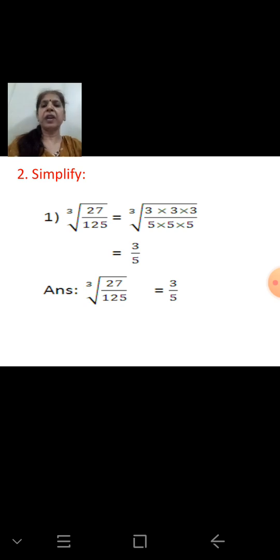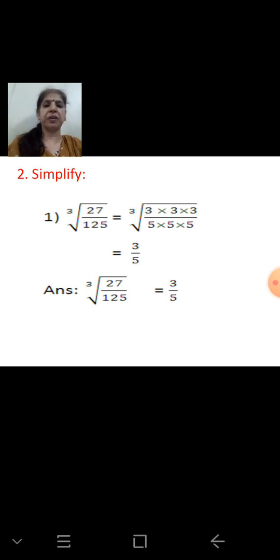And you have to write here as it is given, cube root of. Factors of 27 are 3 into 3 into 3, and factors of 125, 5 into 5 into 5. So you have to do it the way it is given. Equality is given, so you are going to write it using the radical sign and 3 outside it.